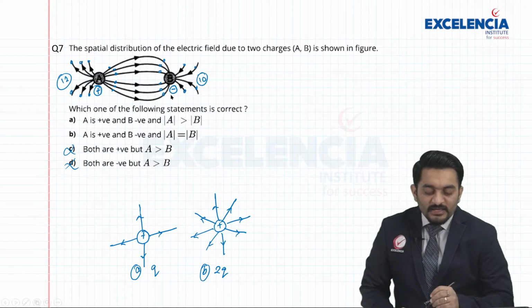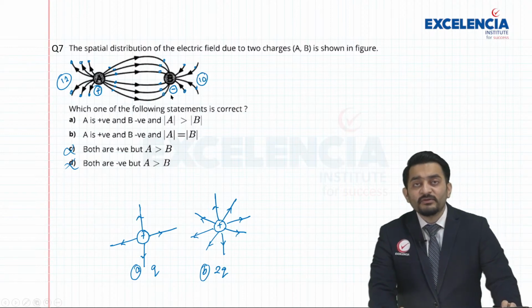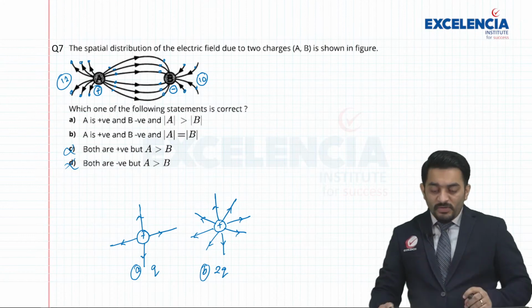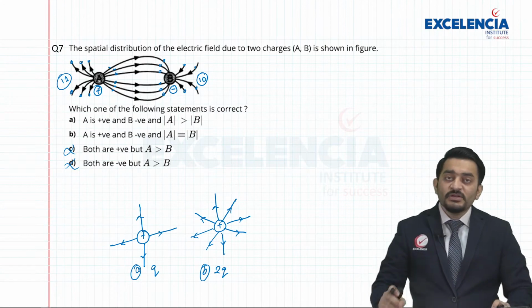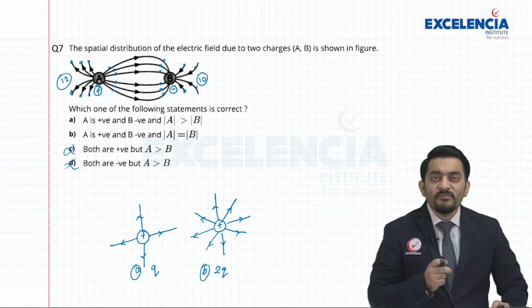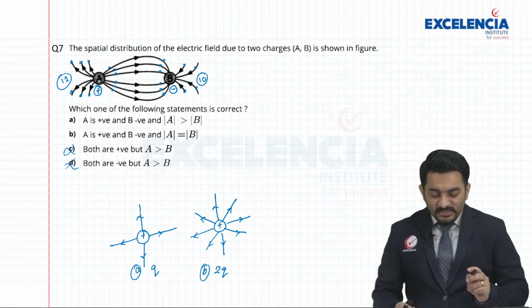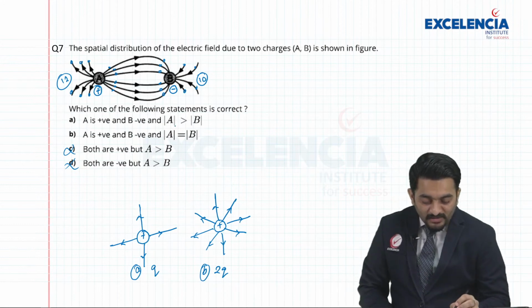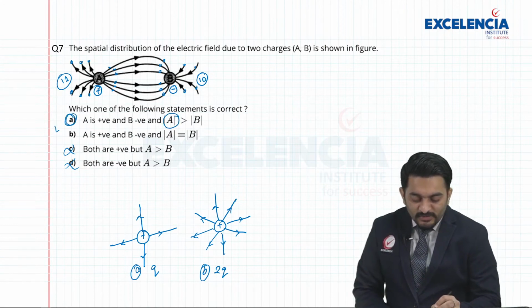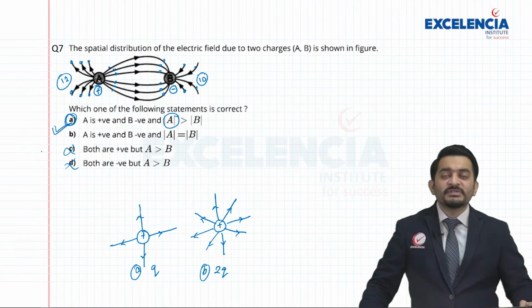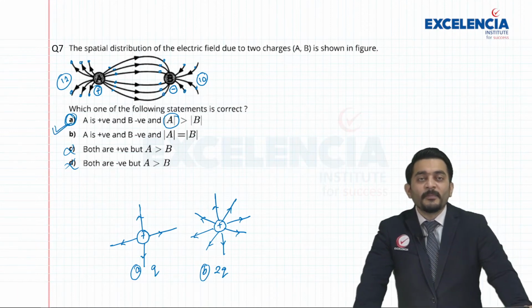I can see that the number of electric field lines drawn on the 2 charges is different. So the one which has more lines associated with it, you can simply say that charge is bigger in magnitude. This is one particular condition which looks absolutely correct to me. So your option A is absolutely correct.